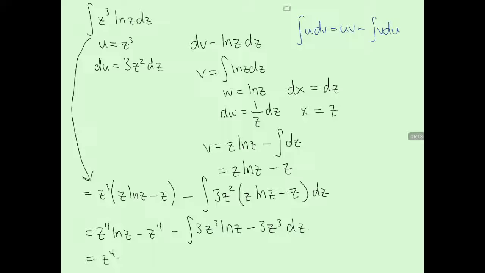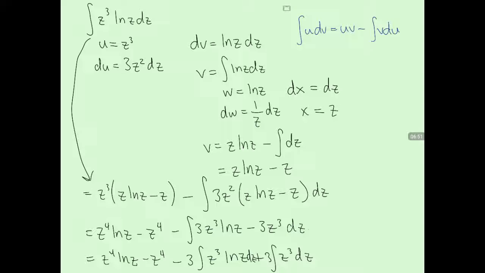So we have this over here, which stays the same. And here we can have one integral, which is negative 3 the integral of z cubed ln z. And then minus minus becomes a plus. So we have plus the integral of 3z cubed dz. And these are all with respect to z.